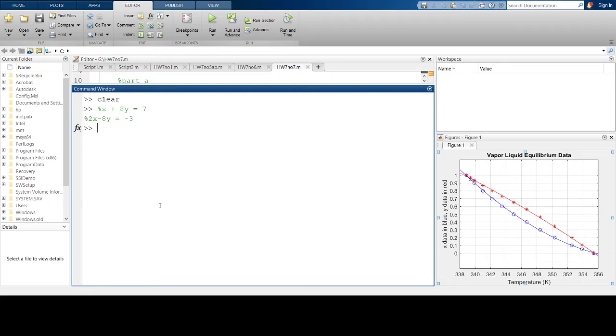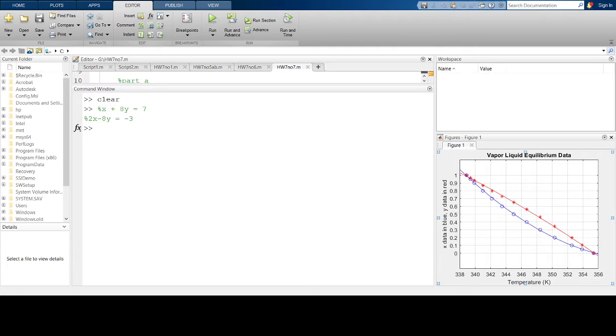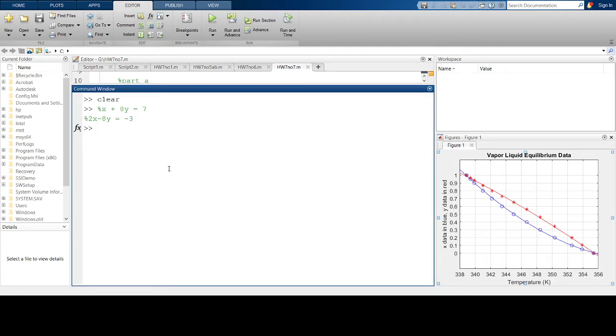In order to do this, let's first try to solve it by hand, just to make sure that the numbers we end up getting make sense. If I add these two equations, I end up with 3x equal to 4, right? x plus 2x is 3x, plus 8y minus 8y is 0, 7 minus 3 is 4. So I should expect x to be 4 divided by 3.